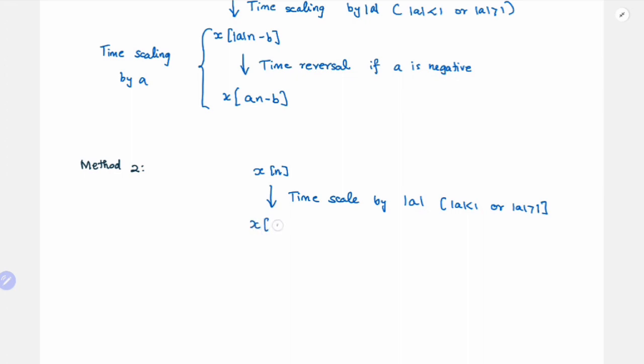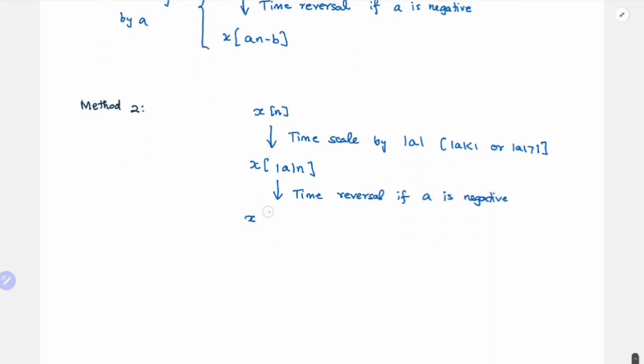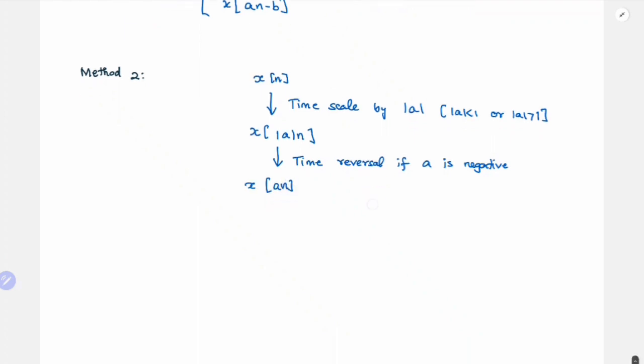So I'll obtain x of mod a n, and then I time reverse if a is negative. So then I'll get x of an. So now what should I do to get x of an minus b?